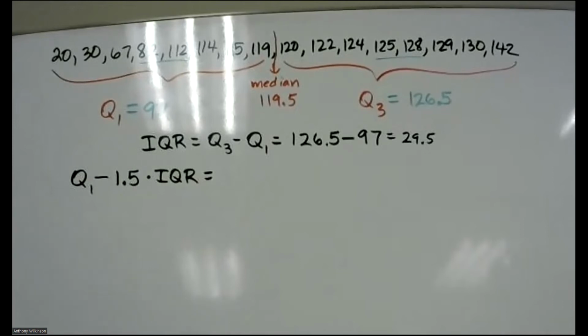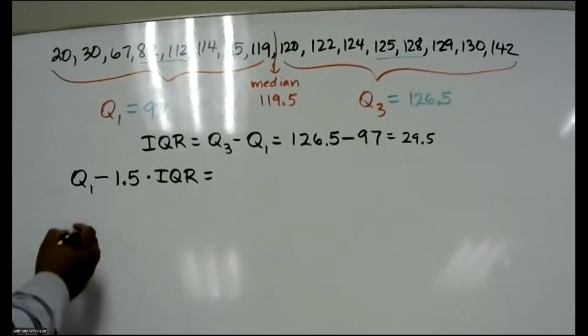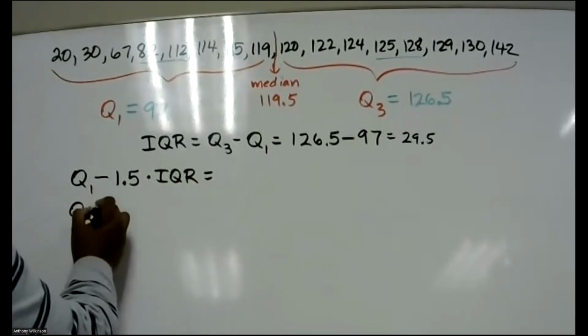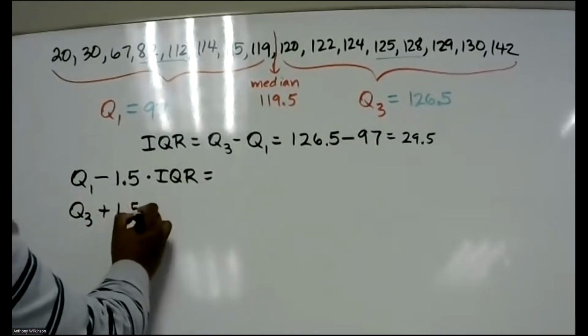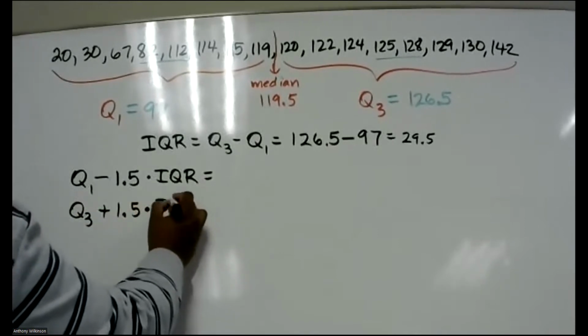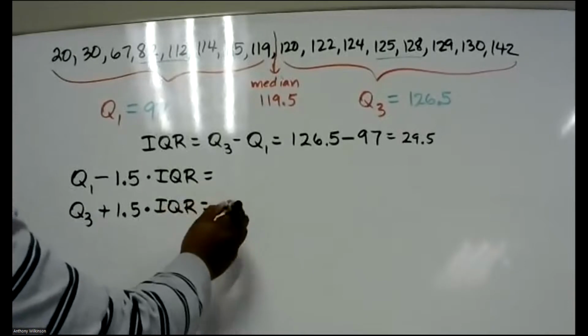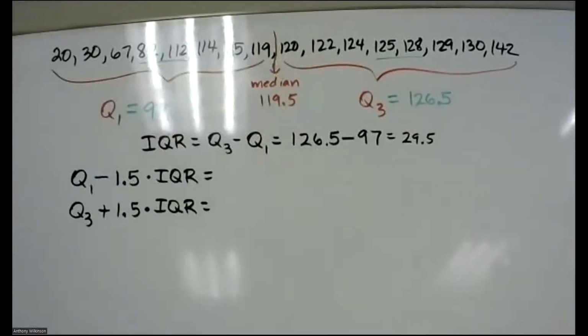That's what's going to help me determine whether I have outliers on the left-hand side. The other one is going to be Q3 plus 1.5 times the interquartile range. And this will help me determine if I have outliers on the right-hand side.